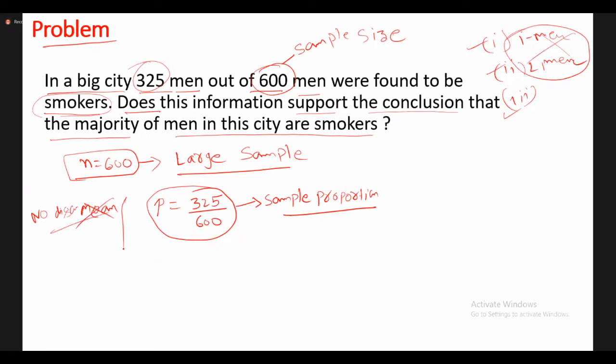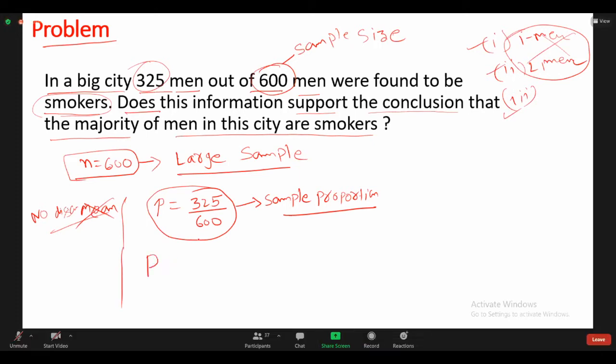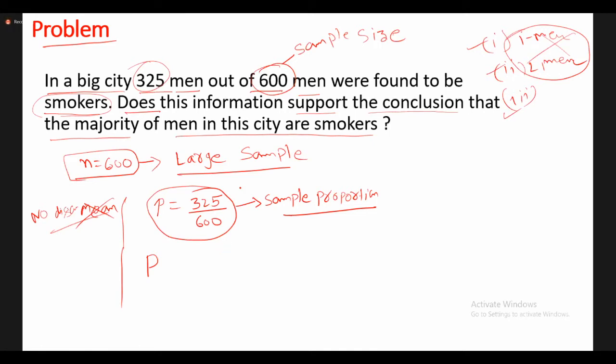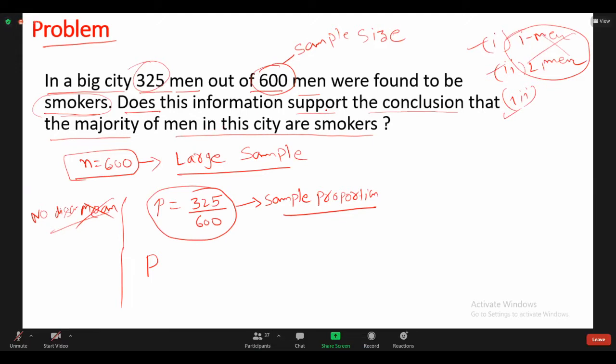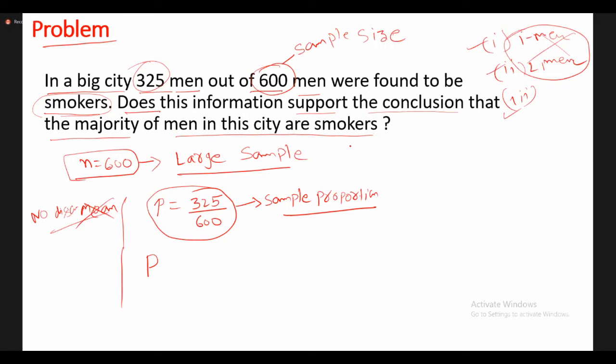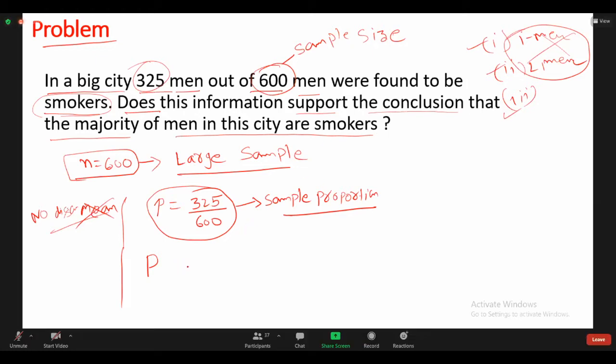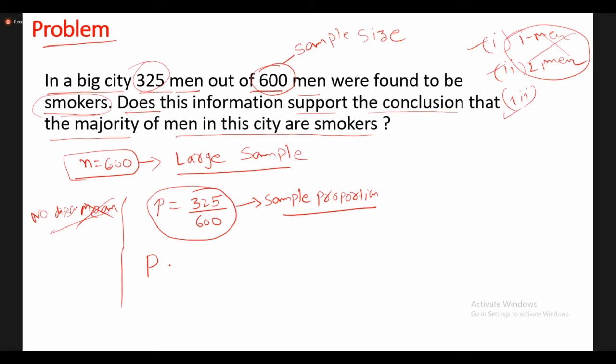Now, can anybody guess what the population proportion, capital P, is? All of you read that question. What are we testing here? Does this information support the conclusion that the majority of men in the city are smokers? Initially, what are we assuming? Here we assume that smokers and non-smokers are equal. Yes, P equals 1 by 2. Very good.